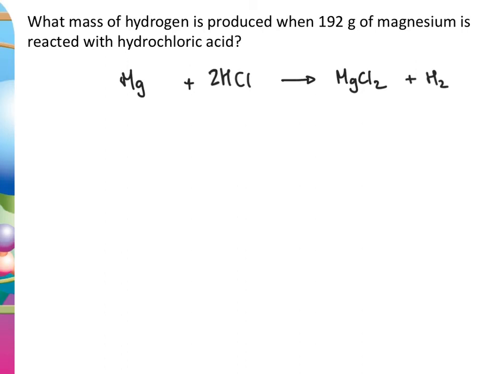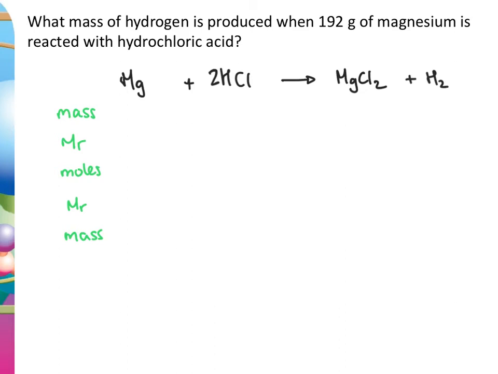All right. Now, just to give you a process, I'm going to write an order of words down on the side, and I'll explain those once I've done that. So I've written mass, MR, moles, MR, mass, because this is the order that we're going to use the information in to get the answer to this question.